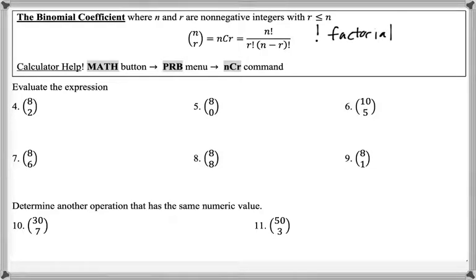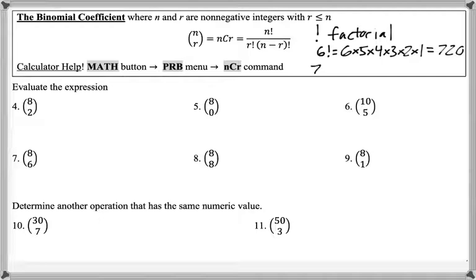Now, a factorial is an operation where you take the number and multiply it by every number that's less than that number. So 6 factorial is equal to 6 times 5 times 4 times 3 times 2 times 1, which would be 720.